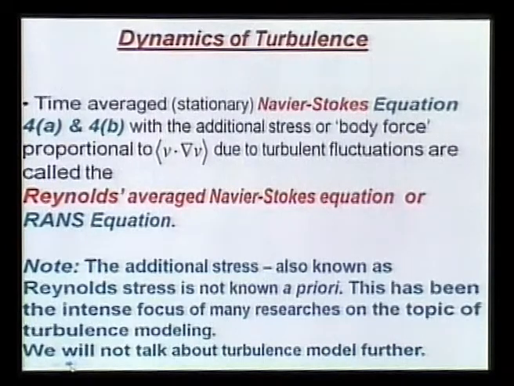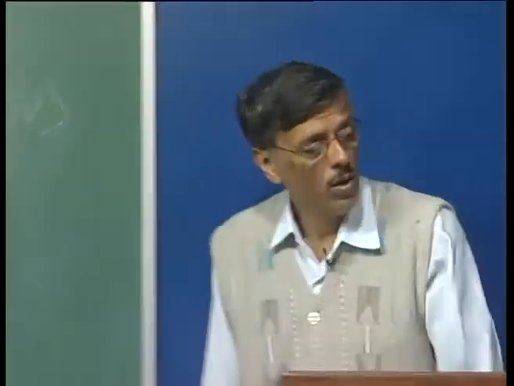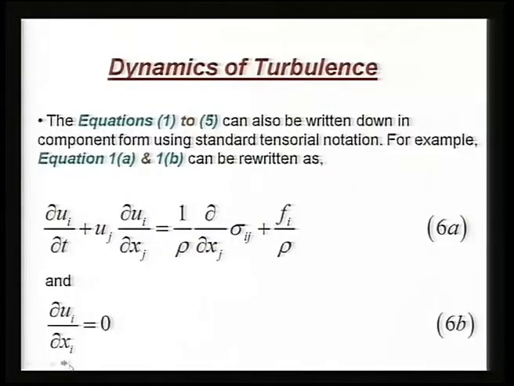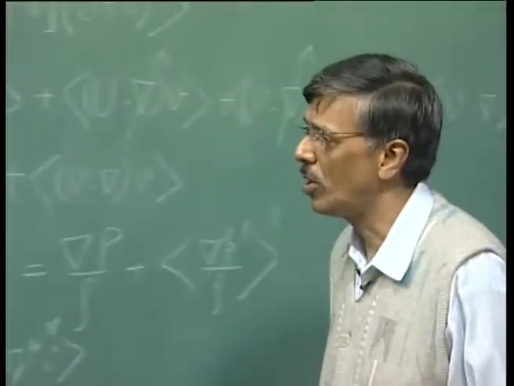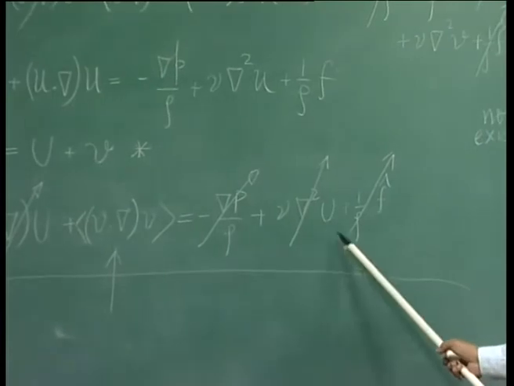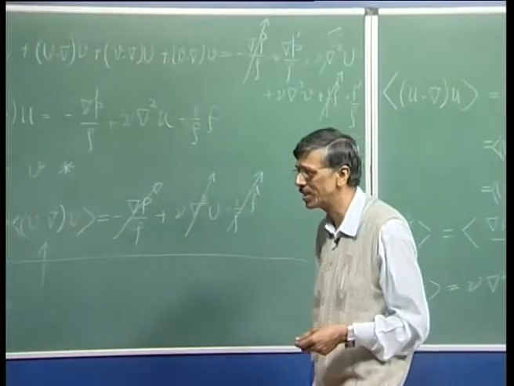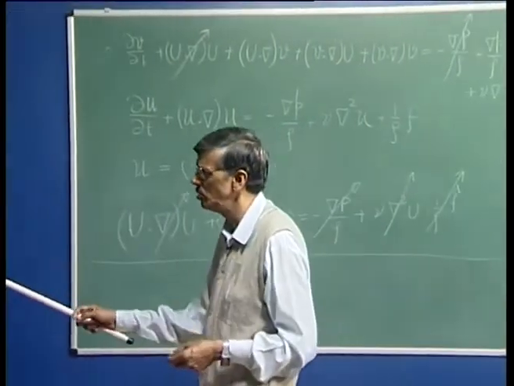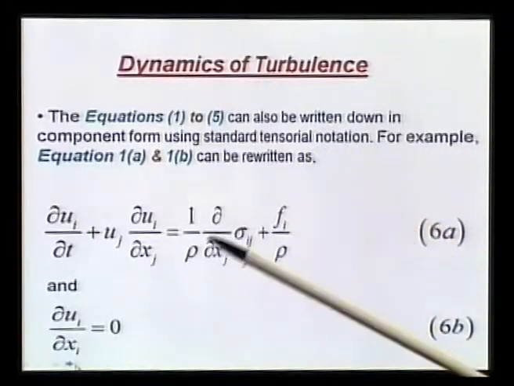Okay. So, what we have now, we could also write down the same equation. Here we have resorted to vectorial form, using vector calculus, but we can also use tensor notation to write it.